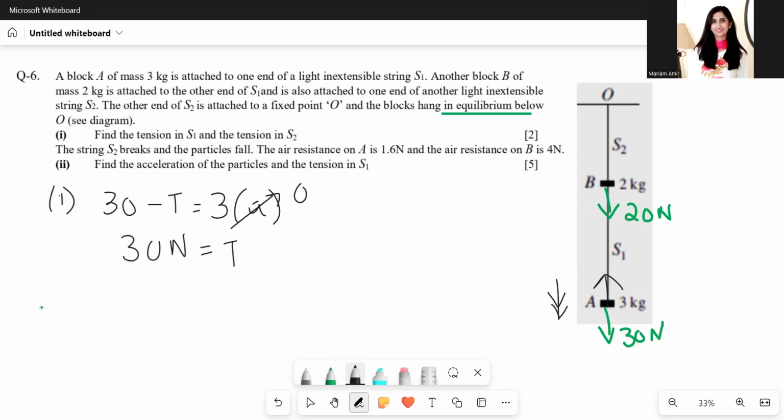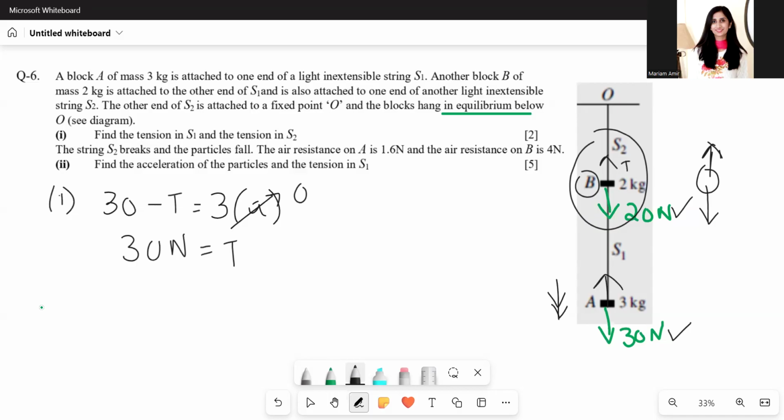Now let's take a look at the string S2. On S2, the tension is going to be in this direction, but the downward force is actually 20 Newtons and 30 Newtons, because there are two masses underneath this string S2.